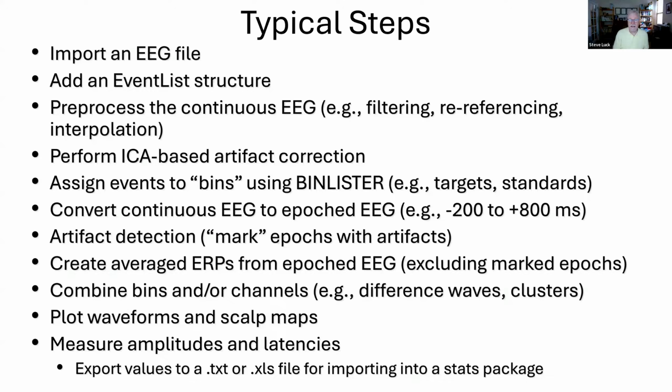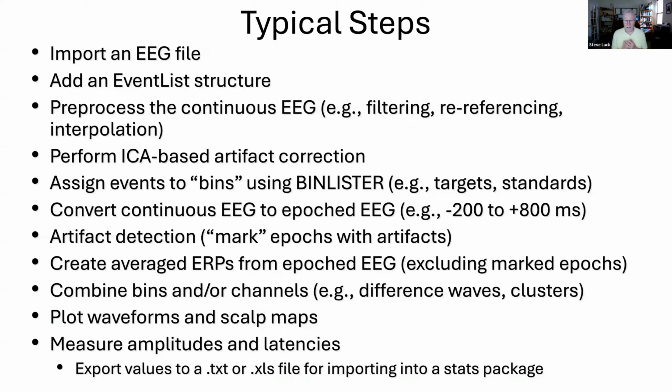So ERPLAB does not include any statistical analyses. This was a design decision we made a long time ago. And the reason is basically that there are too many possibilities for statistical analysis. And if we made a couple available to you, then people would use them even when they weren't appropriate. You see this sort of thing all the time. People will do what's easy instead of what's right.